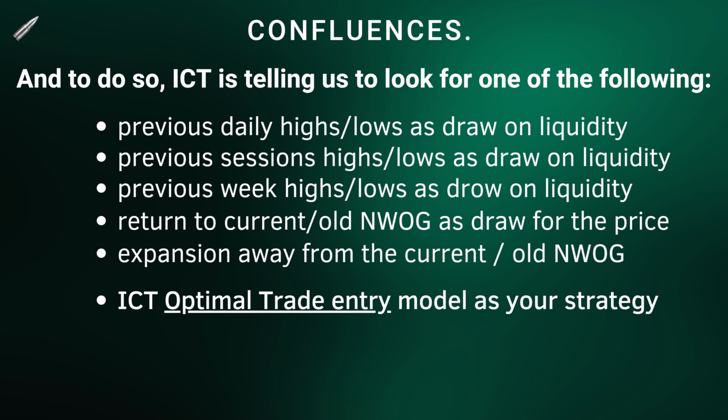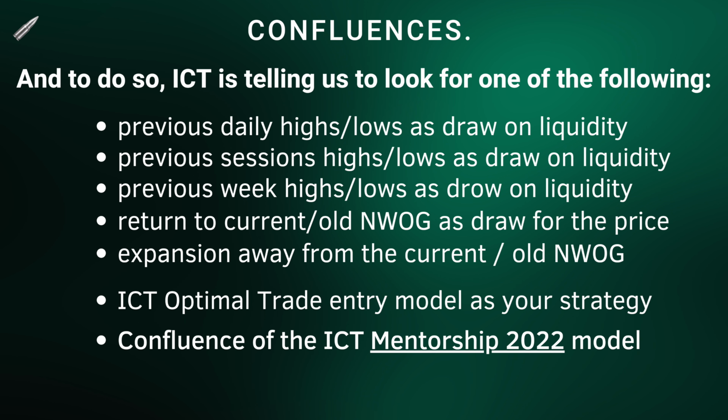We can be using as one or a combination the ICT Optimal Trade Entry model and the confluences of the ICT Mentorship 2022 model. So guys, it's quite a few of these confluences that we can be using all together.